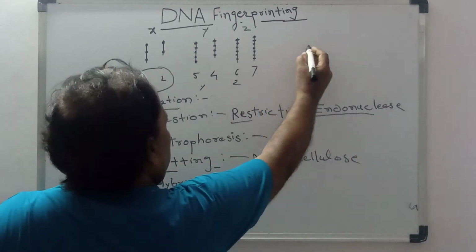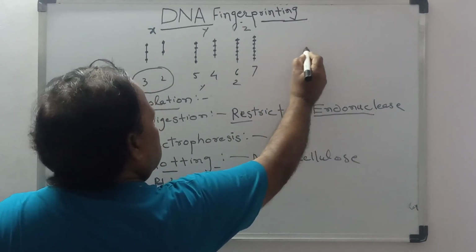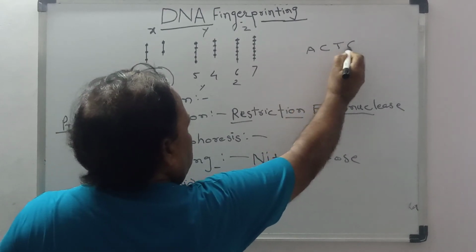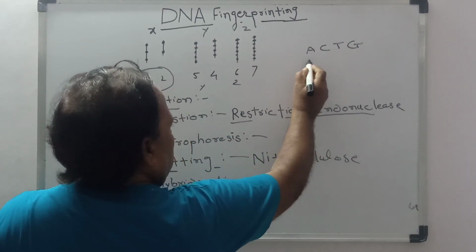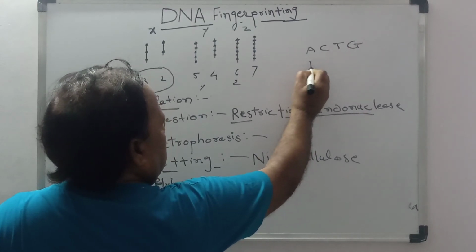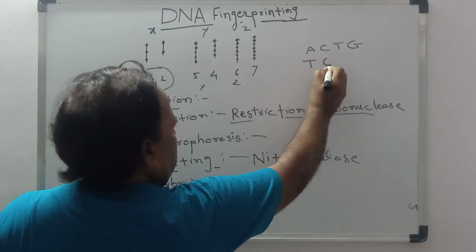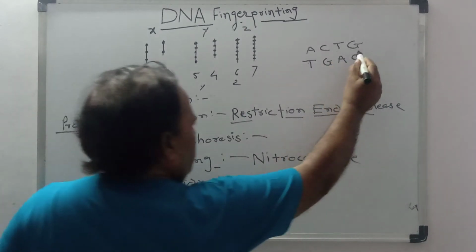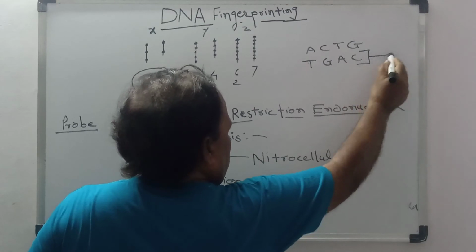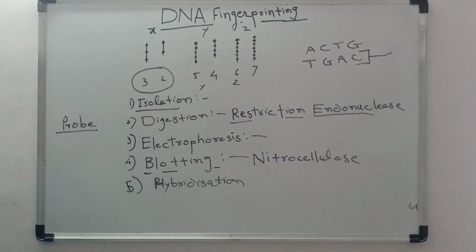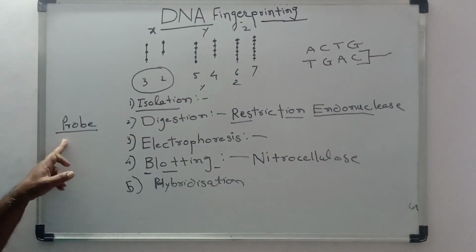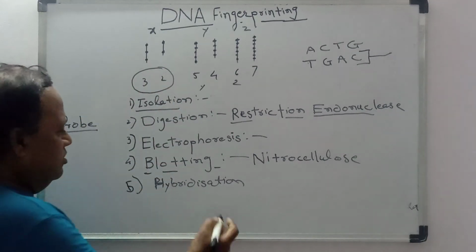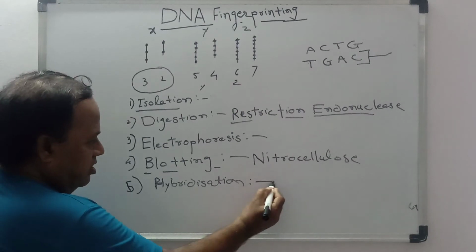Suppose in this case our base pair sequence was A, C, E, G. So what will be the complementary base pairing? This is E, G, A, C. This complementary radioactive base pair will be called the probe, and it will be introduced here. So this process is called hybridization.